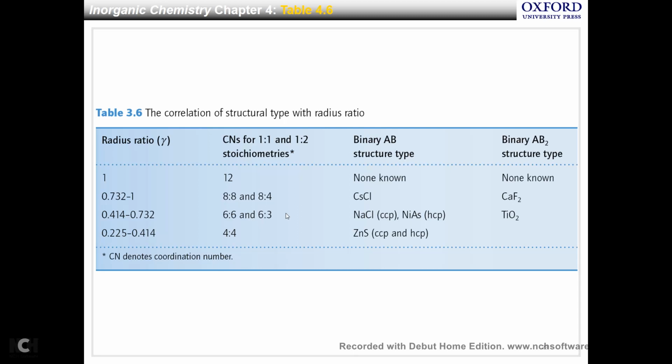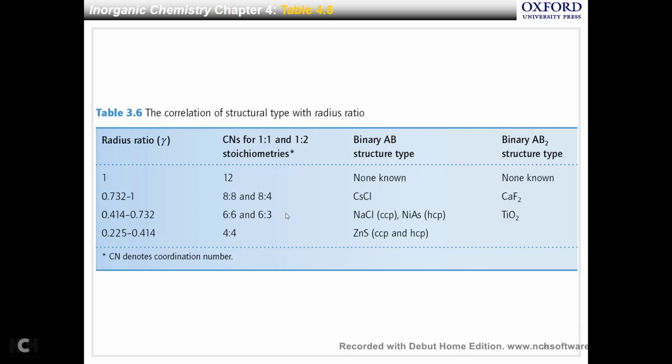Again, if you have a really large ion paired with a really small ion versus ions with similar sizes, that will give you different volume for the interstitial spaces between the larger ions.